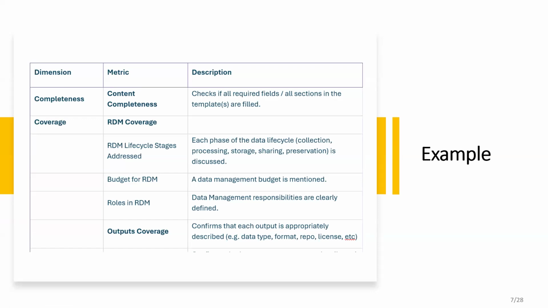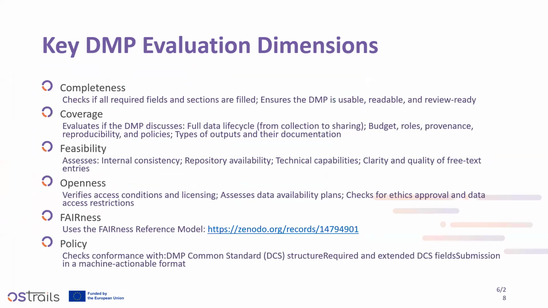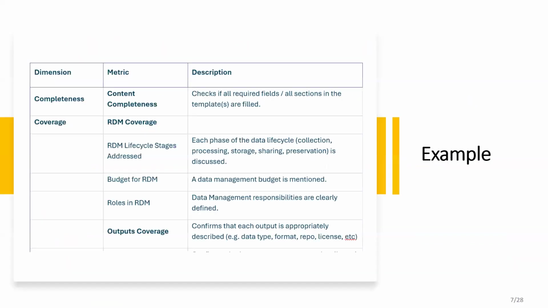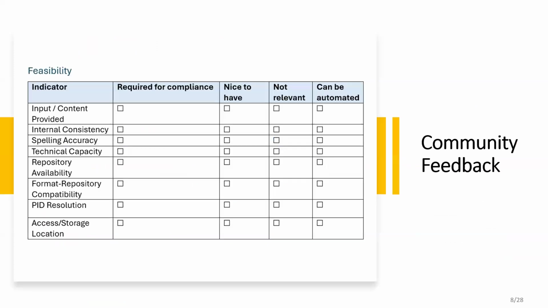Of course, we have observed that the DMP common standard is lacking in some of the things that we have here in these dimensions. So we are looking at potentially enhancing it, if not at the level of the RDA, as an OS Trails profile, so as an extension, let's say, to the DMP common standard of RDA, so we can support these operations.